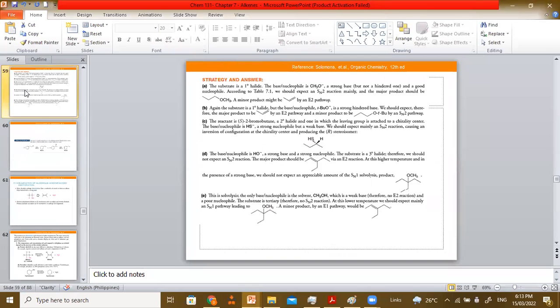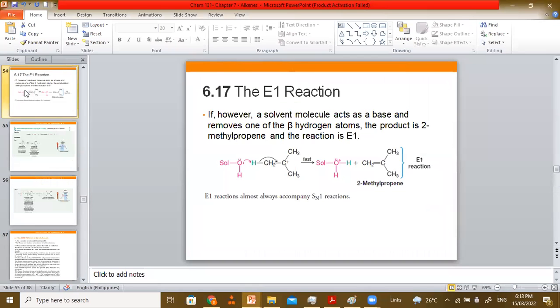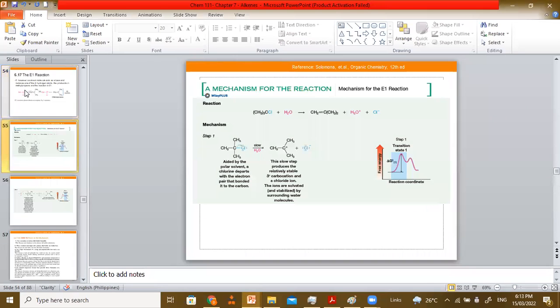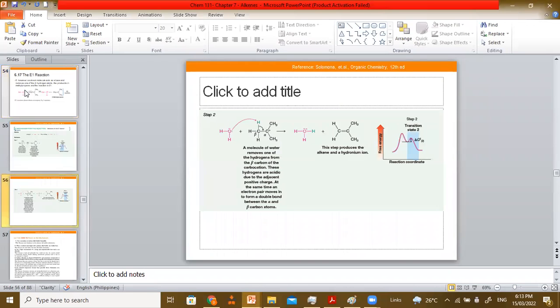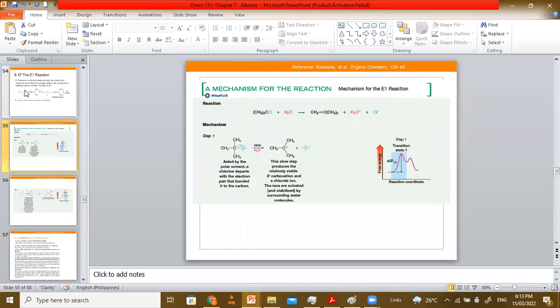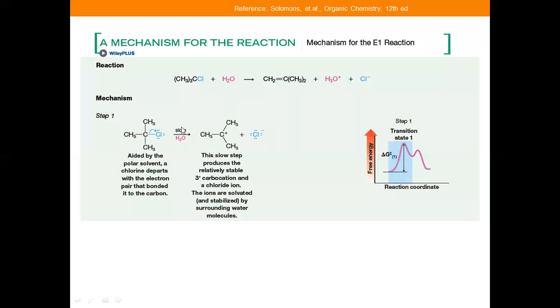Let's go back to dehydrohalogenation, E1. Okay, so here, for example, you don't see an alpha carbon here, right?